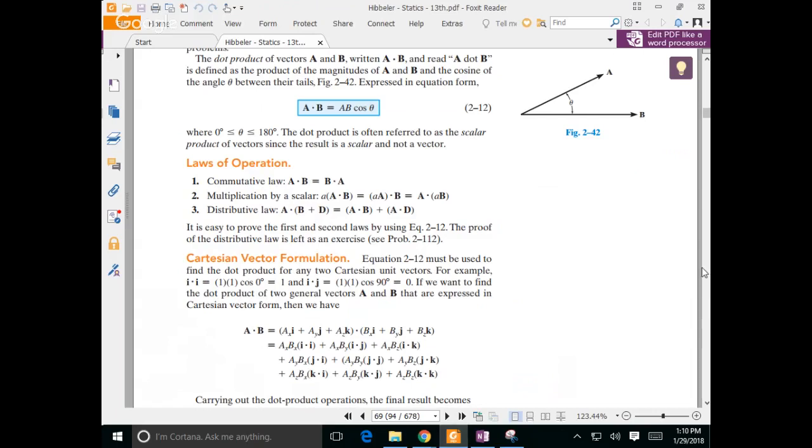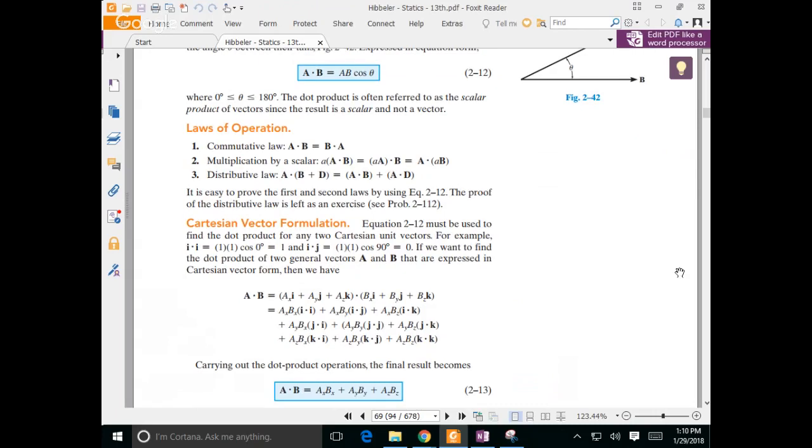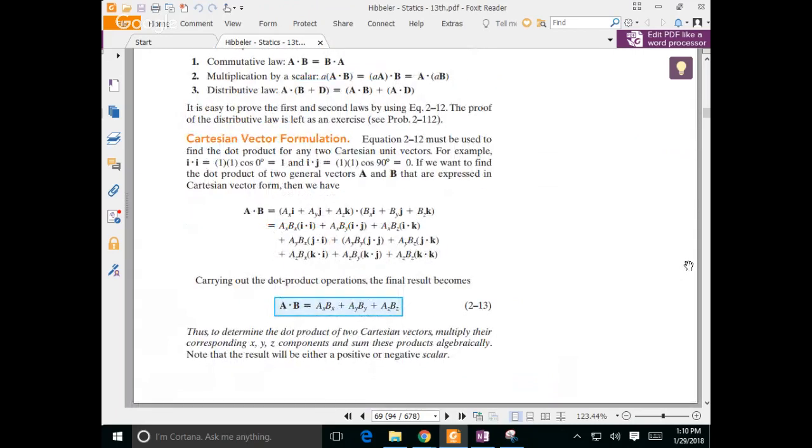The next thing he talks about is how to do these in Cartesian vector form. Generally you have a vector that sits here. Here's your A vector represented in Cartesian form: the component ax in the i direction, ay j, and az k. You have the same thing here.